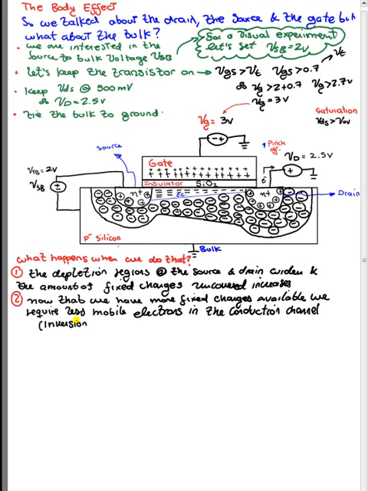Right? Since the number of fixed charges increases right here, we require less mobile electrons, so the size of the conduction channel is a lot smaller, right? And then what that's going to generate is the following. So the third thing is, therefore, the conduction channel weakens and the current decreases.